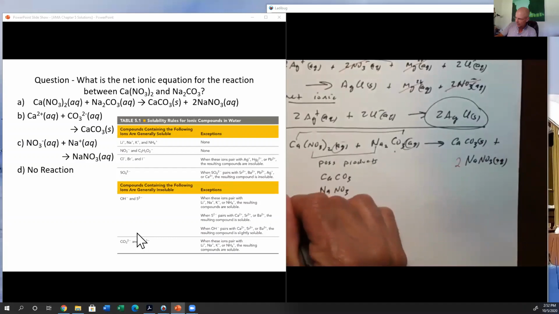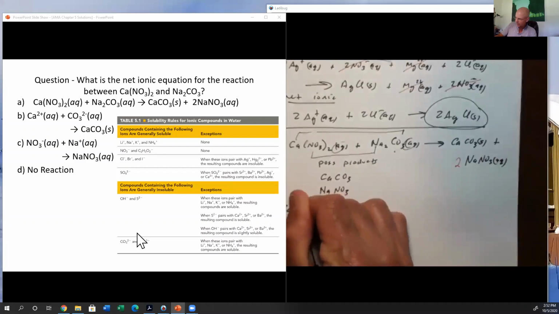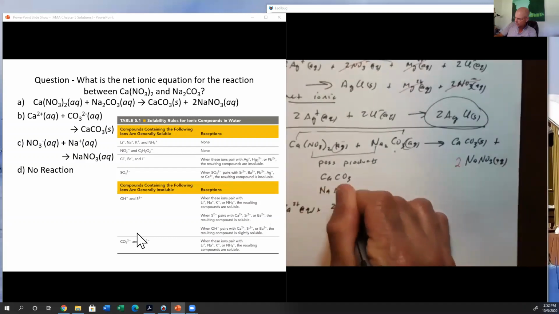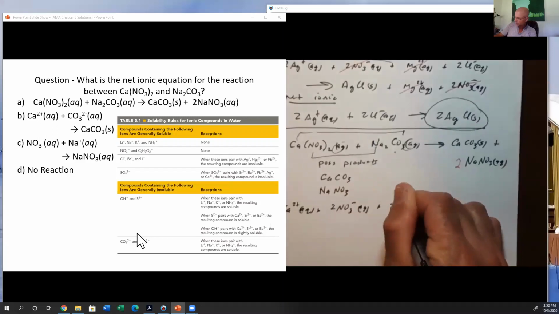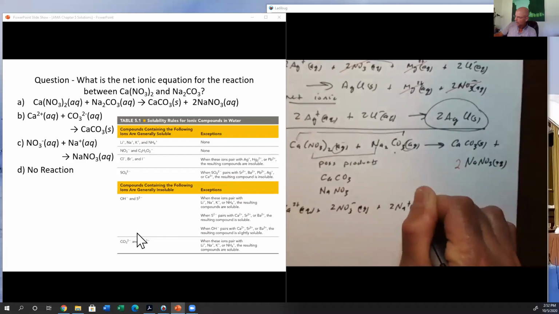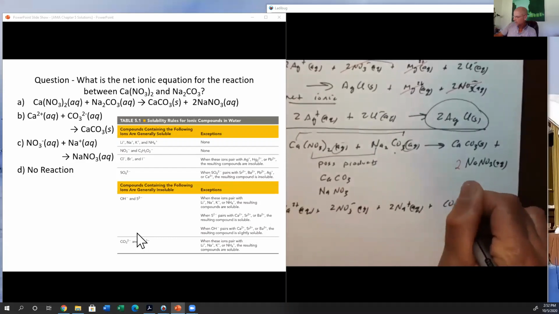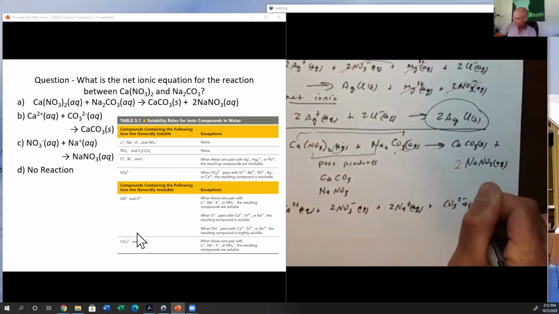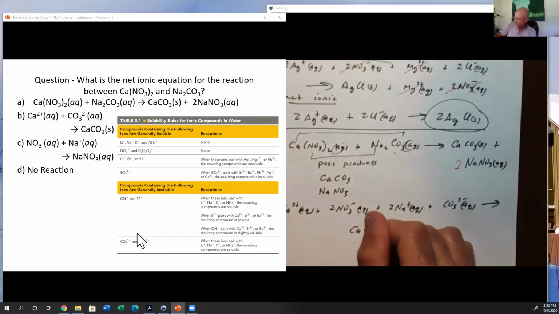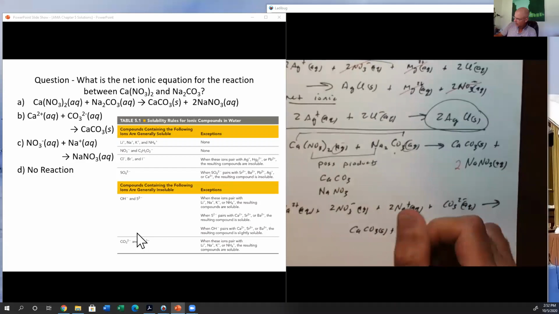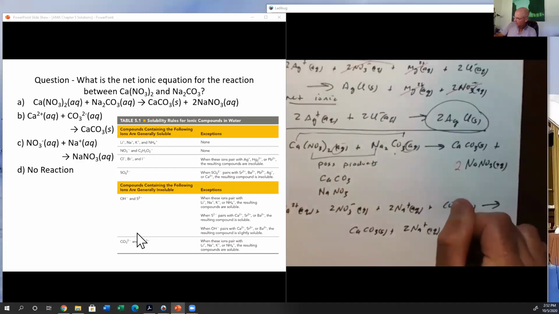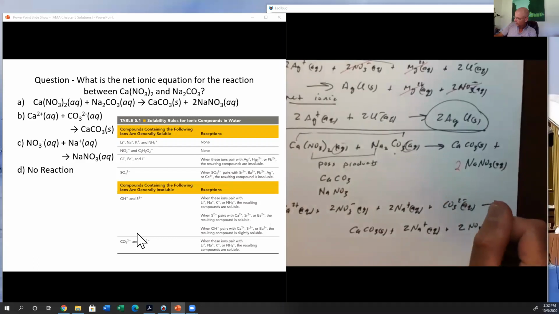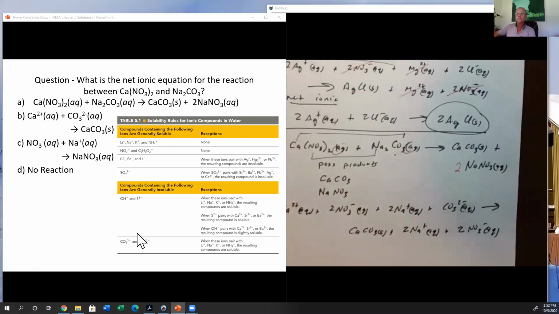So that's calcium 2 plus aqueous, plus 2 nitrate aqueous, plus 2 sodium aqueous, plus CO3 2 minus aqueous, goes to calcium carbonate solid, plus 2 sodium plus aqueous, plus 2 NO3 minus aqueous.